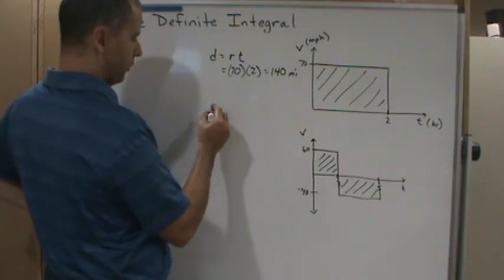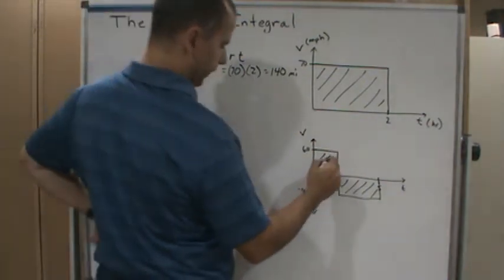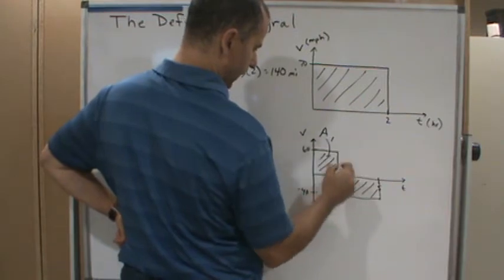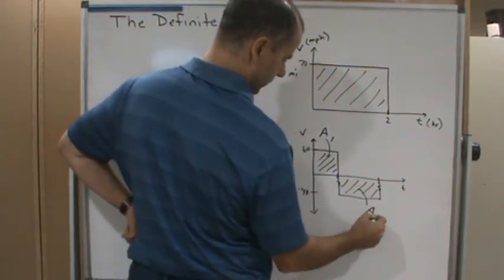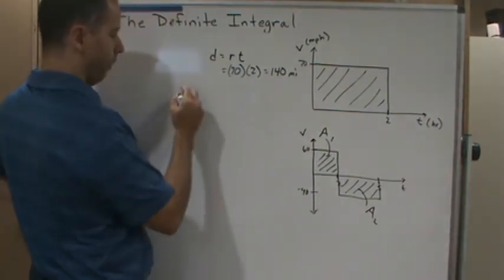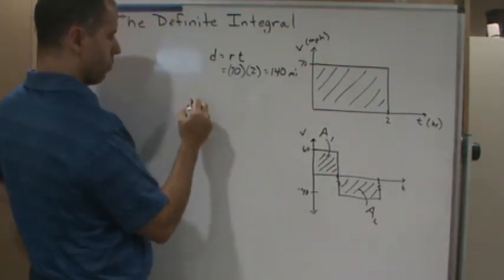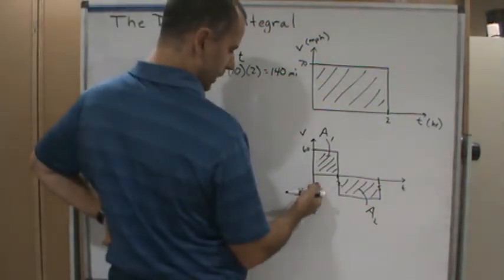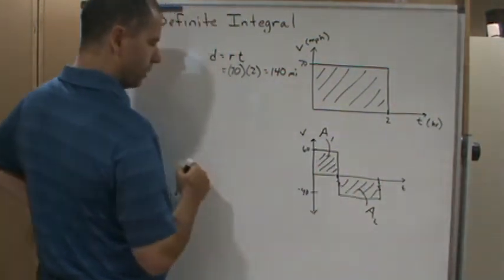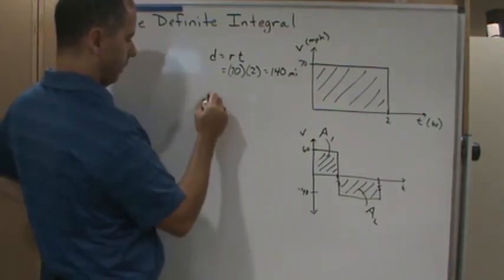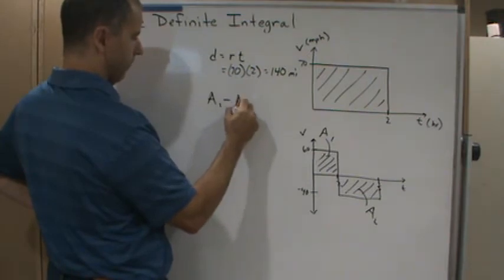If this is A1 and this is A2, then the integral from t equals 0 to t equals 5 hours is just the area of A1 minus A2.